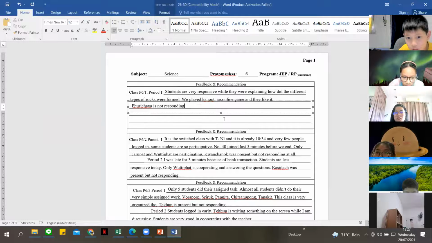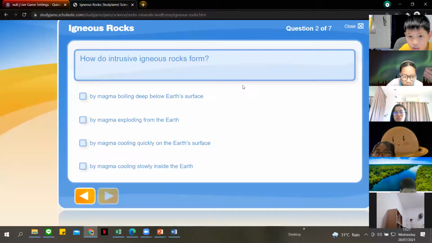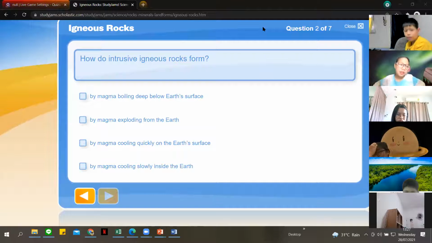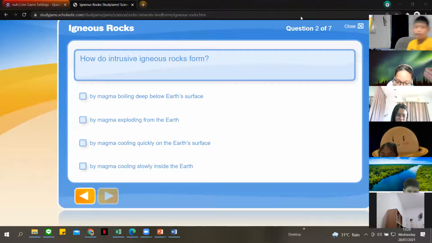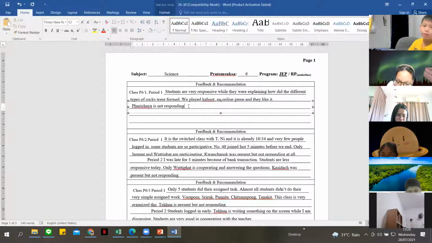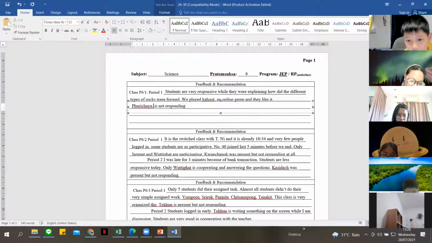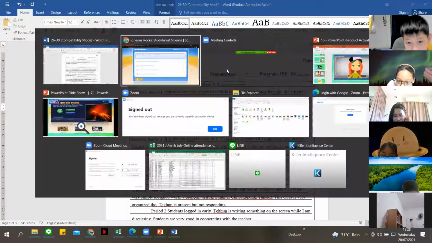Chayangkol, can you tell me the answer here, Chayangkol? Chayangkol, number 11. Can you tell me? What's your answer? So for Chayangkol, we will just write the number here, Purichaya and number 11. Who else?